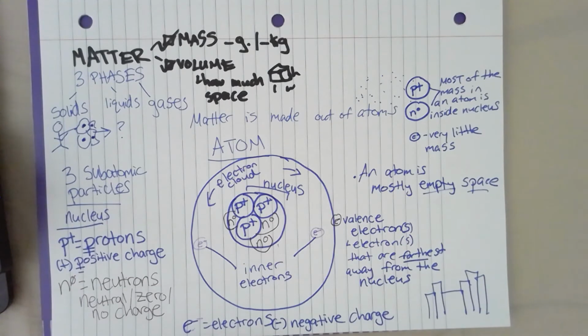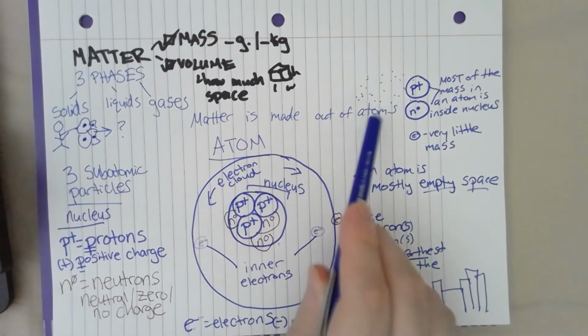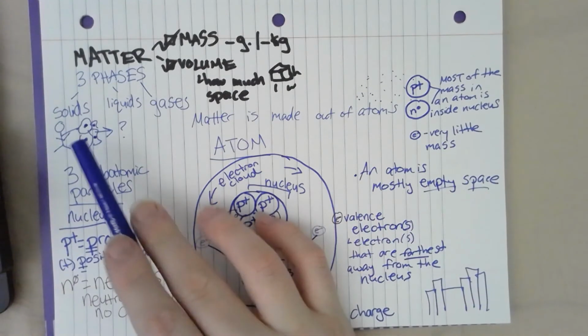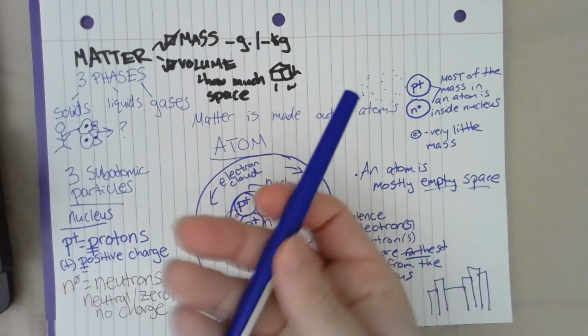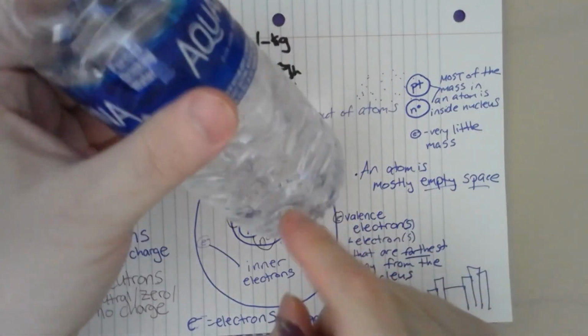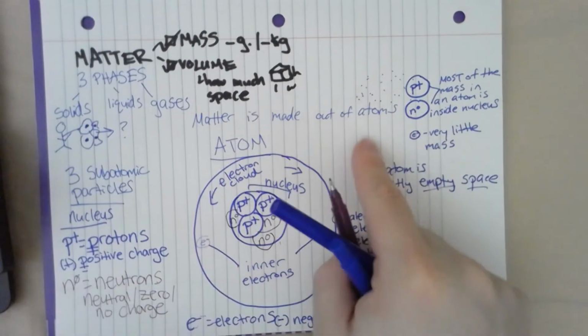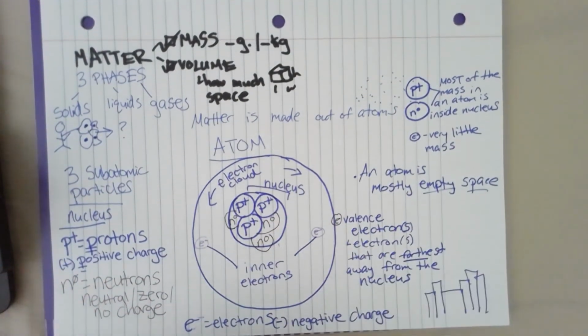What is matter made out of? Perfect. Matter is made out of atoms. The smallest part of a solid, like my pen, is an atom. The smallest part of a liquid is an atom. The smallest part of a gas is an atom.